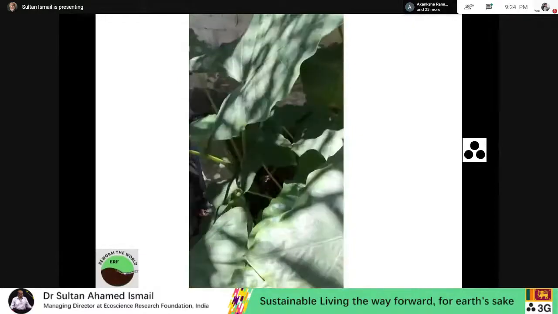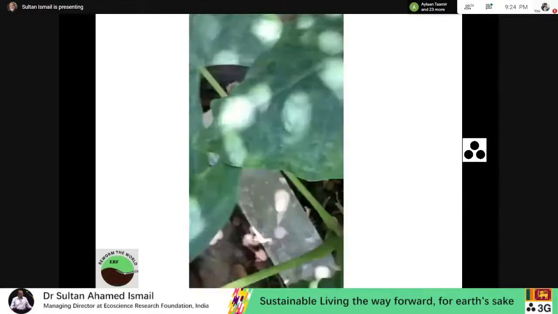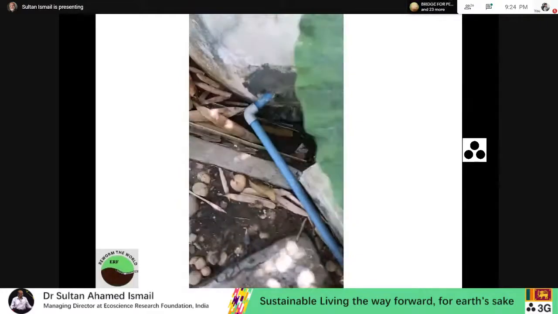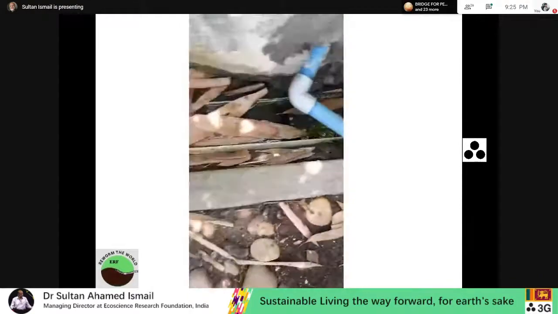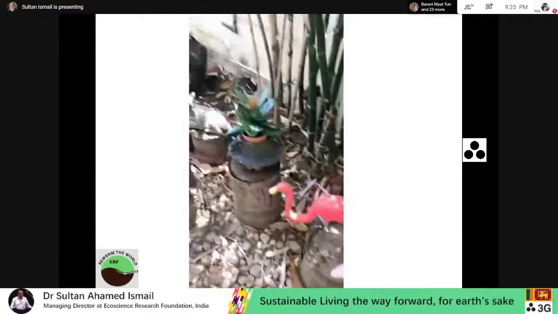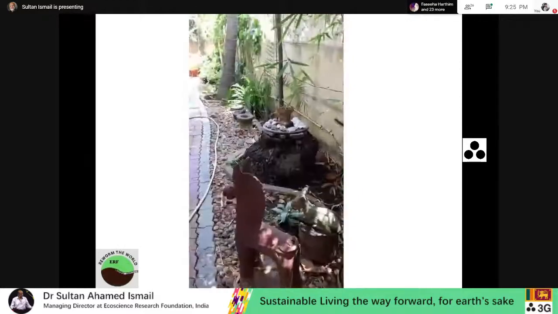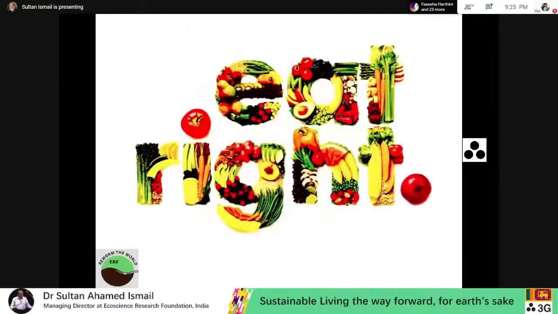One of my students, now Professor Radha, has worked a lot on this. We have done a lot of experiments, installed it in several places, and the water comes out beautifully. This water can be used for groundwater recharge, for the garden, or for flushing the toilets. It's very simple.